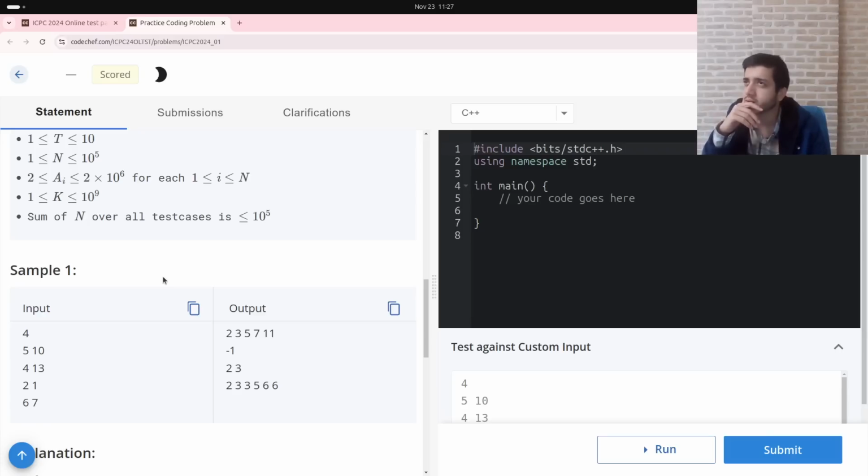Does it work? I mean, can we have only one pair? Yeah, it works too.